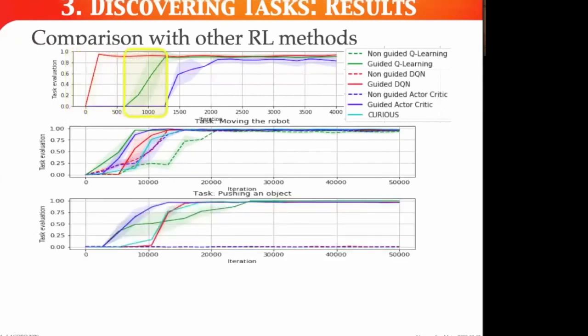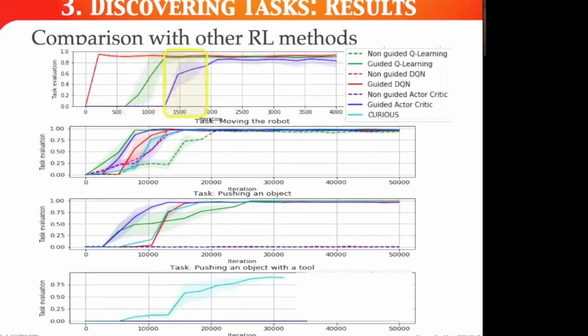For the second task, which is pushing an object, most algorithms here also learn it around 15,000 iterations, but we can see that there are a few, like the non-guided Q-learning and deep Q-learning, that cannot perform because their reward functions are too sparse. And on the last task, we see that all algorithms cannot do anything.